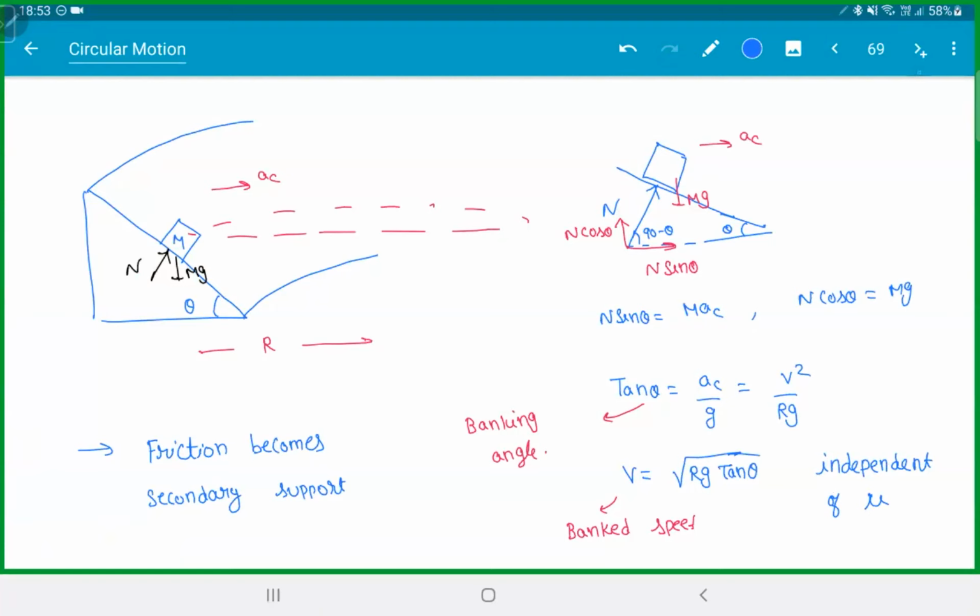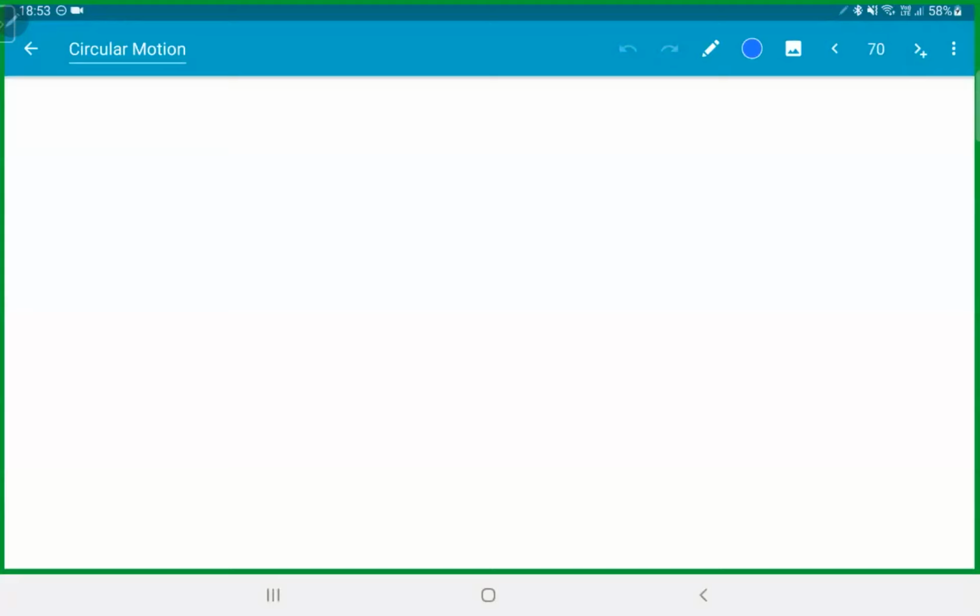So rough banked roads. What if it is banked and you also have friction? Case 3, this is there for the HSC derivation in 12th standard. Now, let's say you're going pretty fast, so maximum speed.